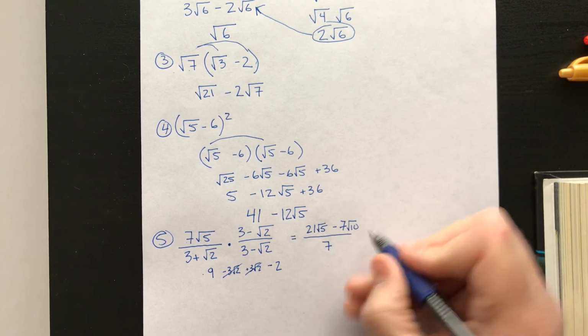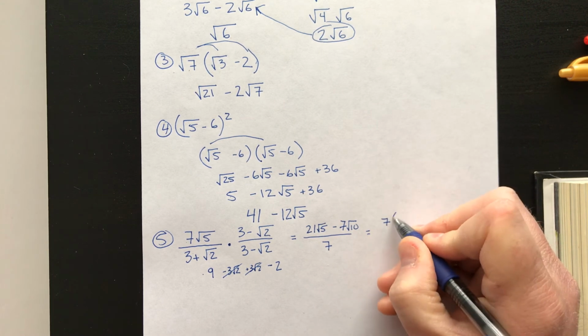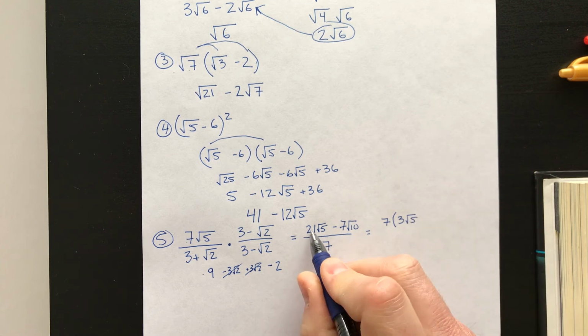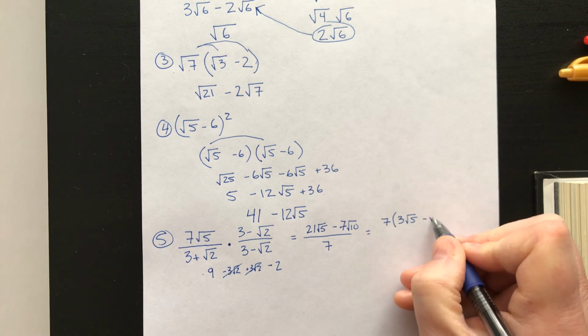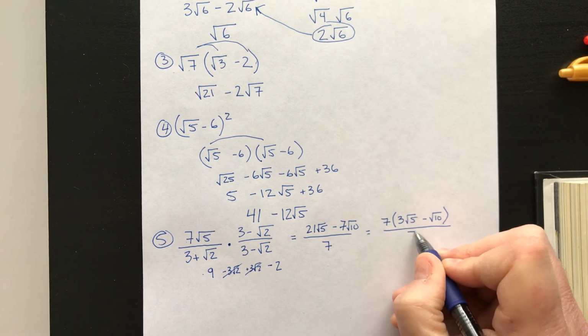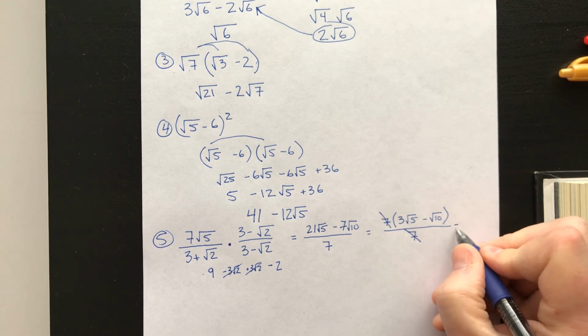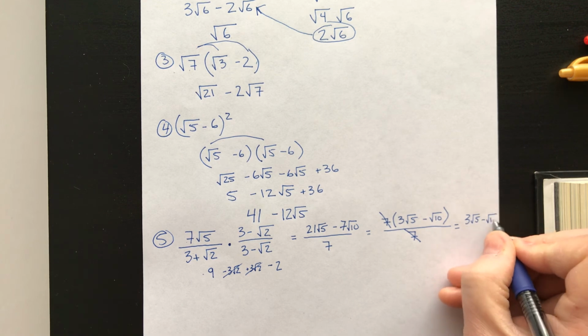If I pull a 7 out, I have 3 root 5, because 21 divided by 7 is 3. And I take the 7 out of here, so I'm just left with a root 10. All over 7, these cancel. So my final answer is 3 root 5 minus root 10.